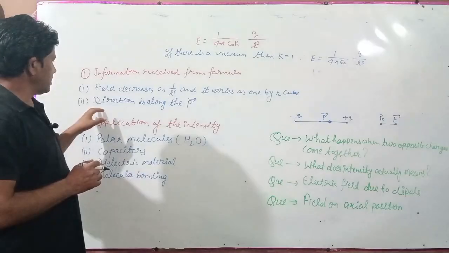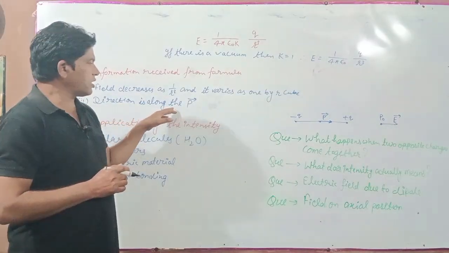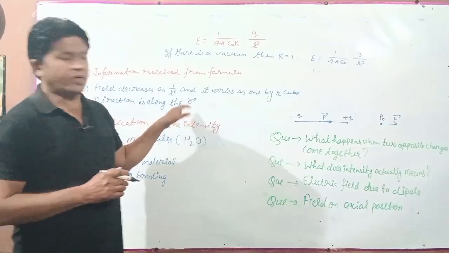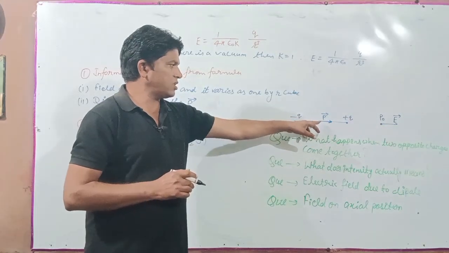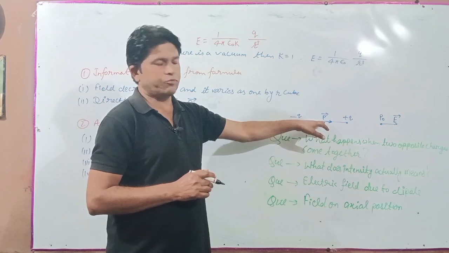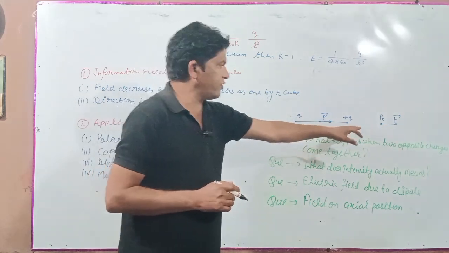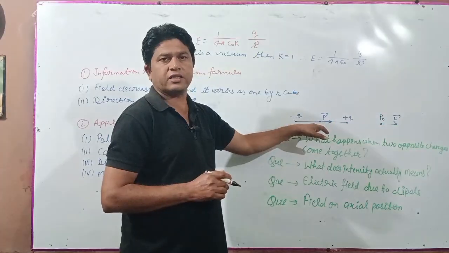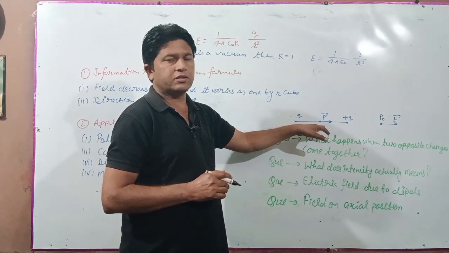The second is that the direction is along the electric dipole moment, like this. This is the electric dipole moment of a dipole, and the electric field intensity is in the same direction as the dipole moment.